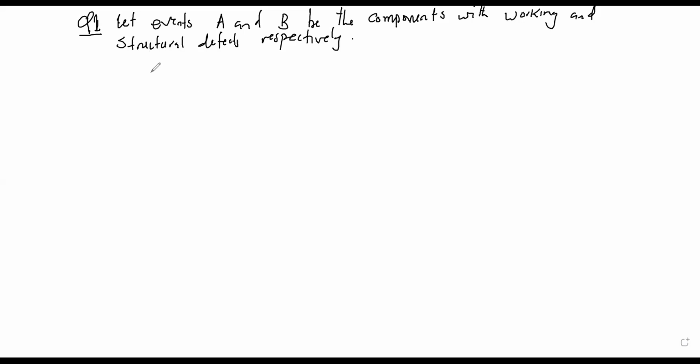And so the given probabilities are that the probability of having a component with a working defect is 10 out of 1,000. This is just 1 over 100. And the probability that the picked component has a structural defect is 20 out of 1,000, which is 2 out of 100.